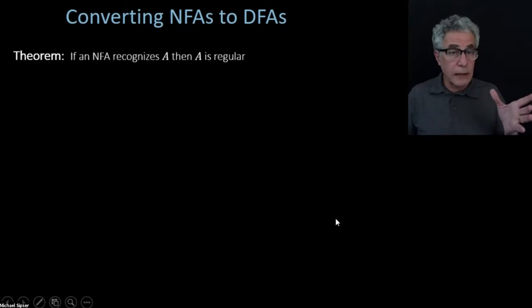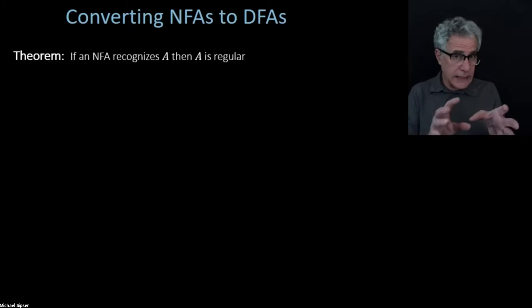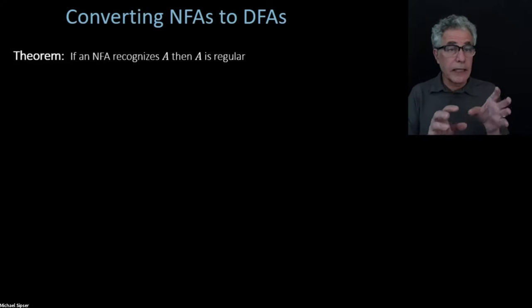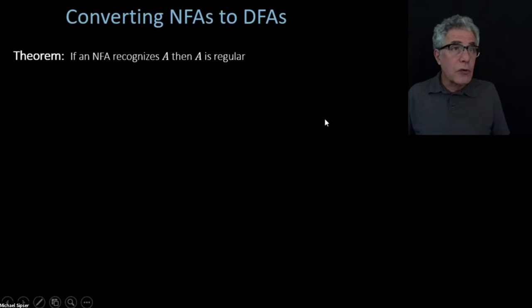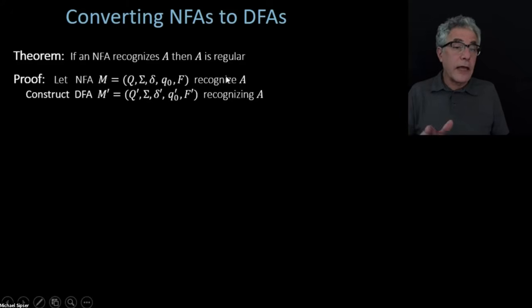Now here is a very important thing. We introduced this new model, the non-deterministic finite automaton, NFA. Even though it looks more powerful because it has this non-determinism, it isn't any more powerful. It can do exactly the same class of languages, the regular languages. We'll show that with this theorem: if an NFA recognizes A, then A is regular. We'll prove that by showing how to convert an NFA to an equivalent DFA, which does the same language.